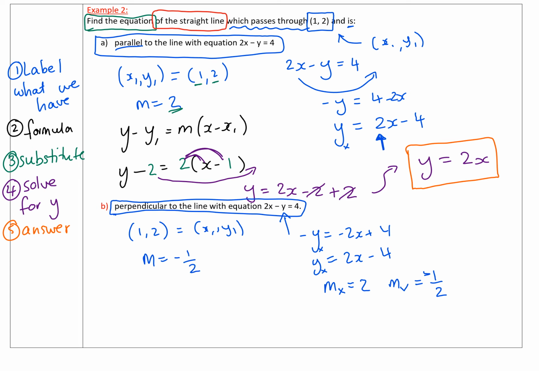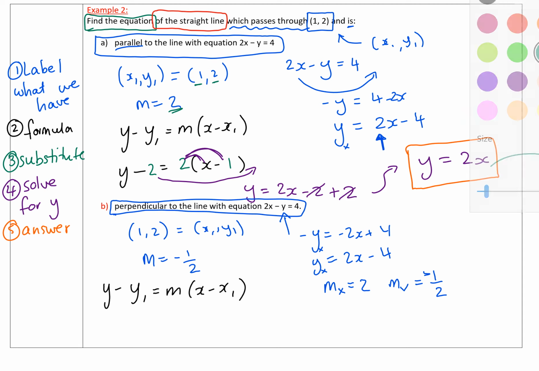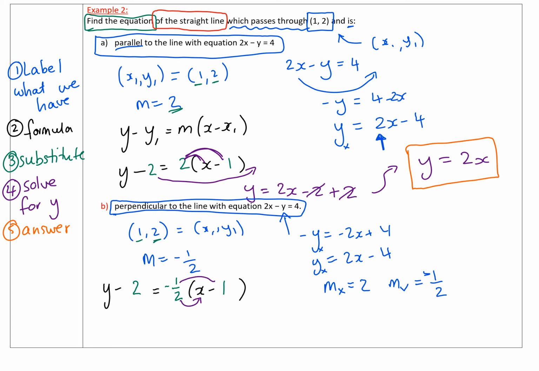Plugging this into our formula for step 2, we've got y minus y1 equals m outside of x minus x1, as I know that gives us an equation. We can sub these values in now. My y1 was 2, and that comes from the point 1, 2. My m was negative a half, and my x1 was 1. If I expand these brackets first, I've got negative a half x plus a half.